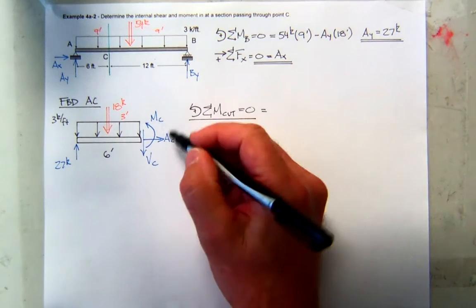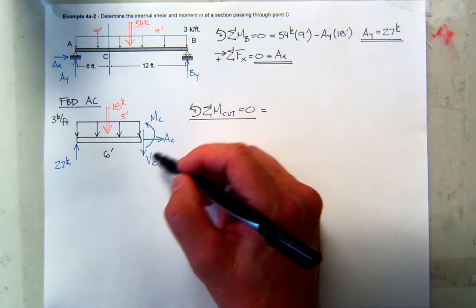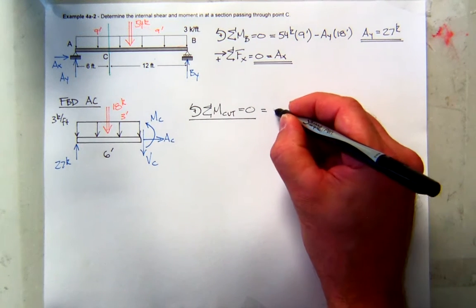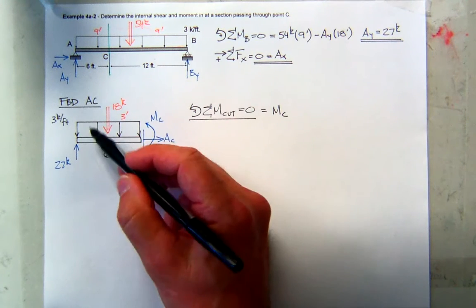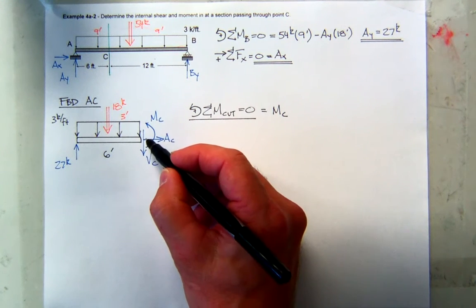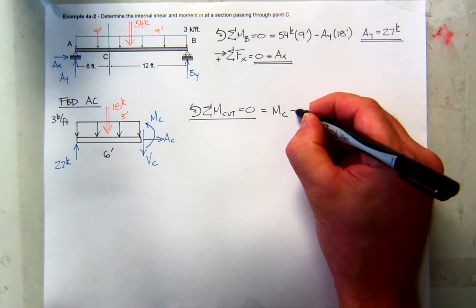So starting with the internal stuff, this moment, using right-hand rule, is positive or negative? It is positive. The equivalent force 18 about the cut is going to go positive sign convention. So that'll be positive.